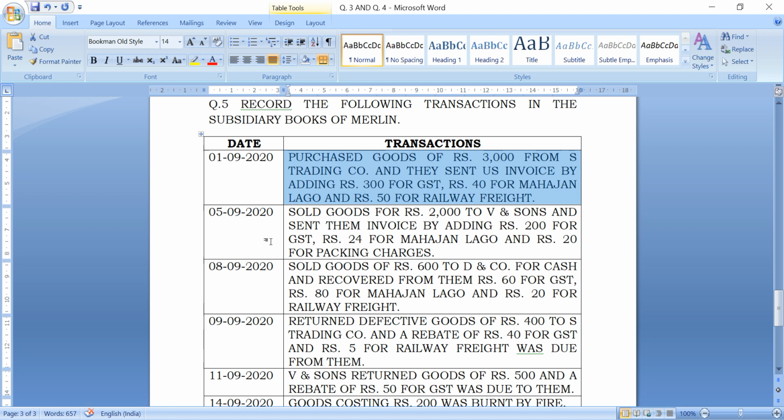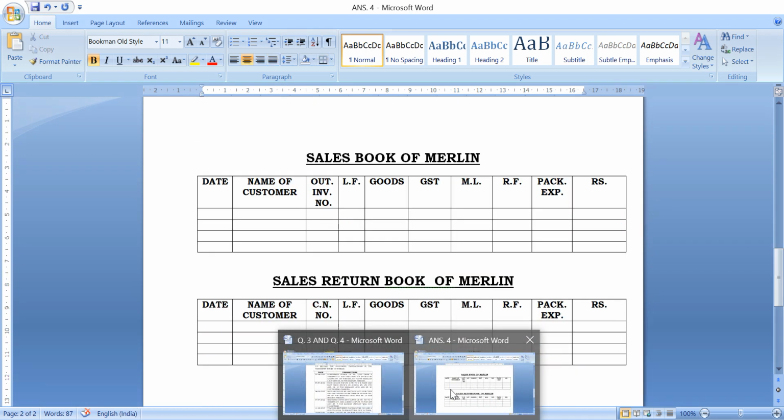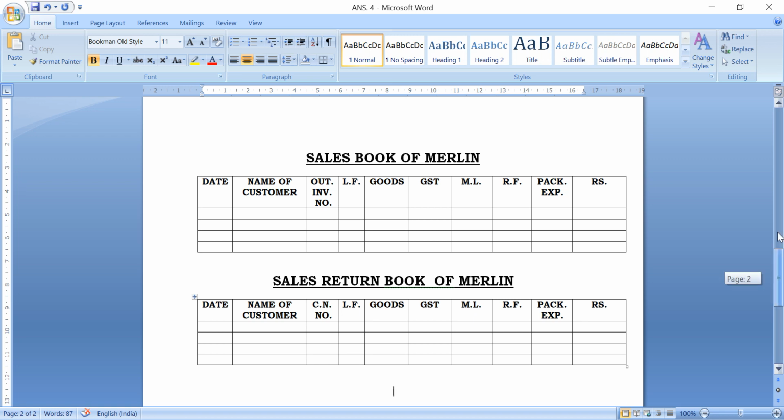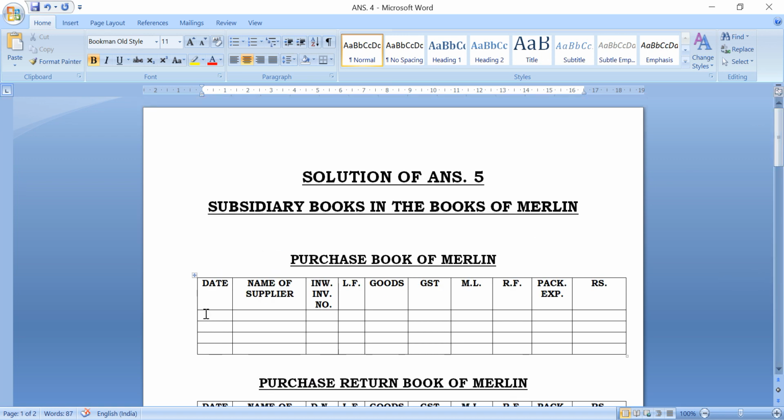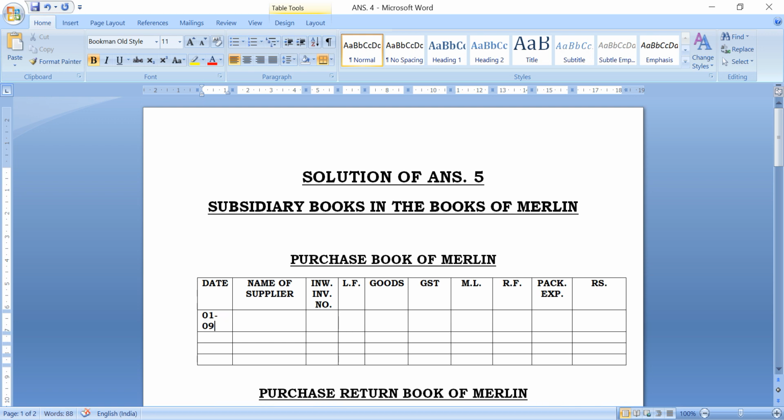Purchased goods of 3,000 from S Trading Company. We have the transaction of purchase, so come to purchase book. 1st of September, S Trading Company.